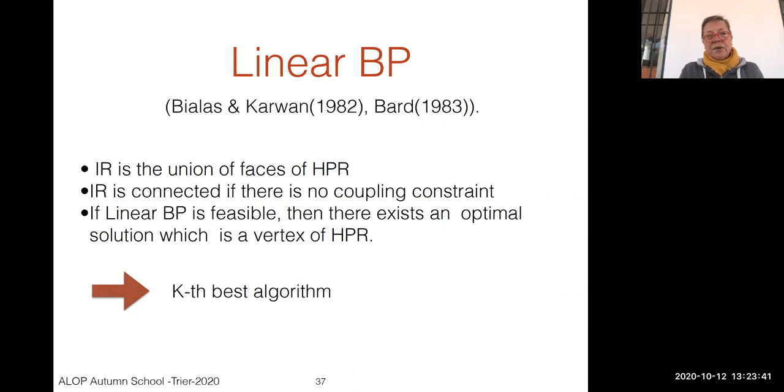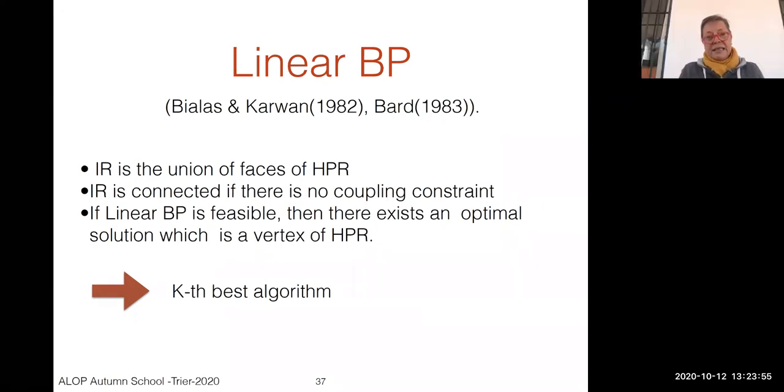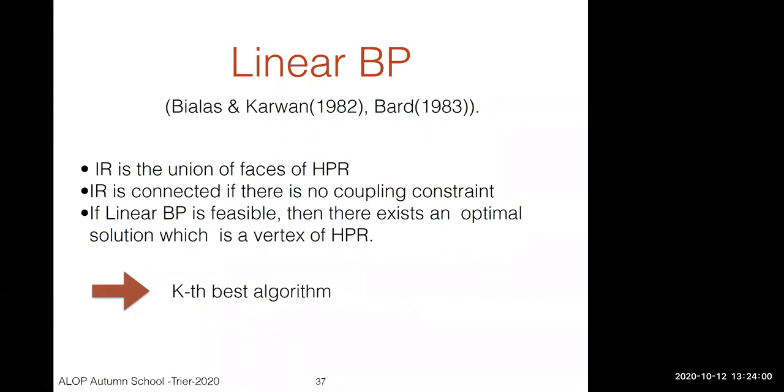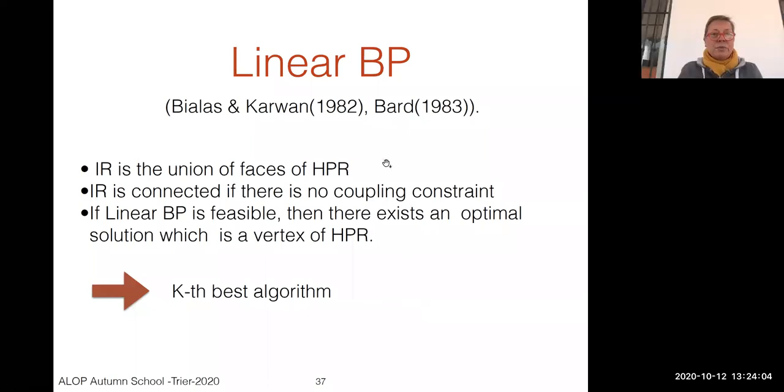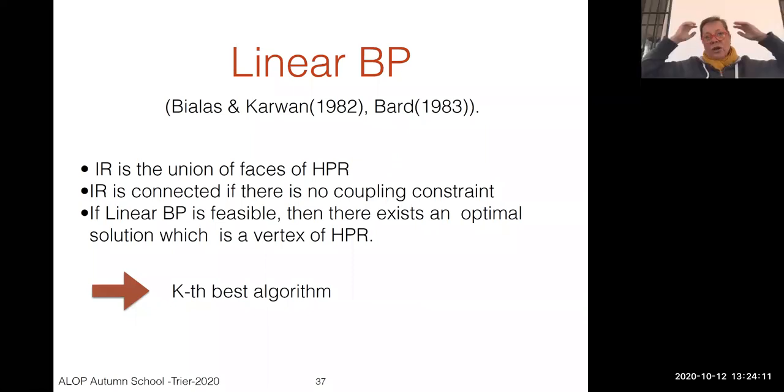And in fact, what I showed you were examples of the first and the second property that are here on this slide. The first property is that the inducible region is always the union of faces of the high point relaxation.